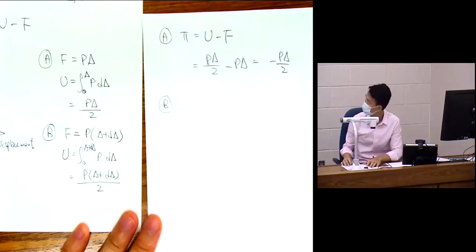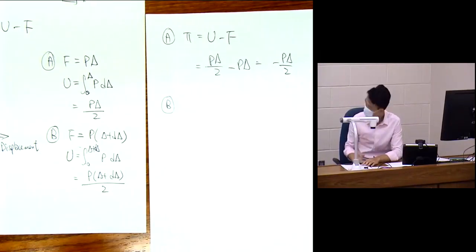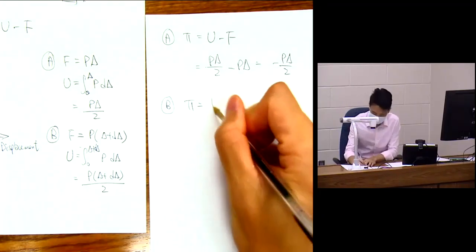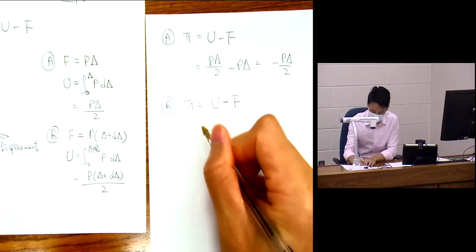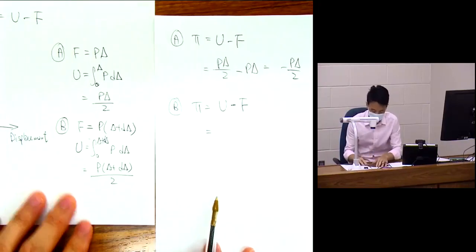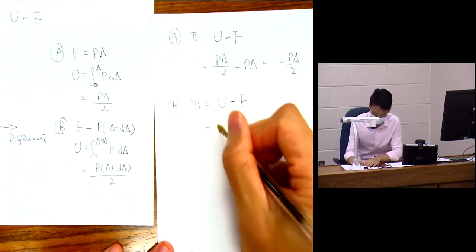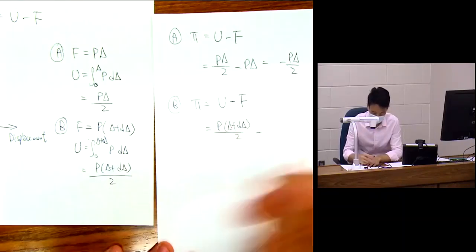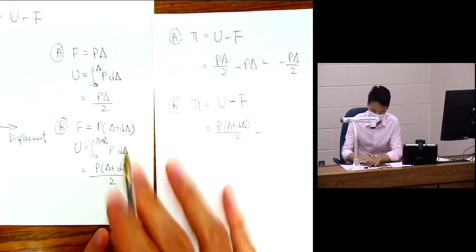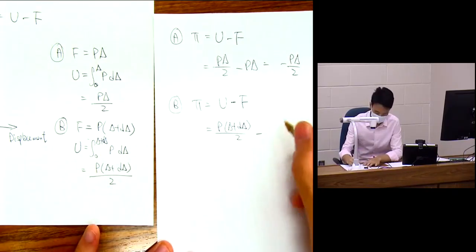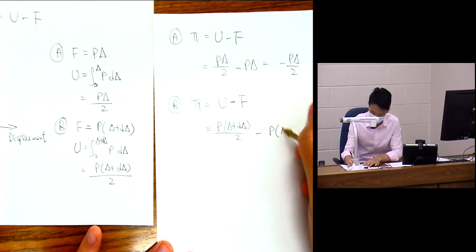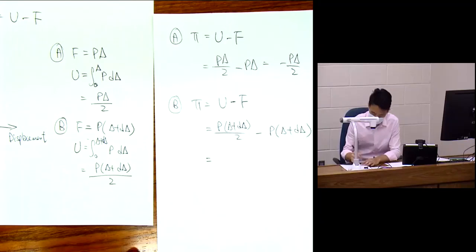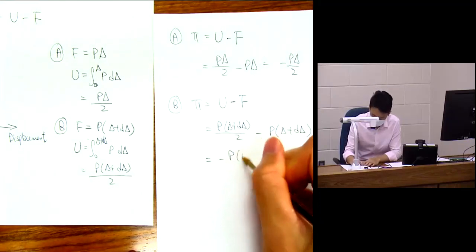And for B, same here. I have U as P times delta plus d delta over 2, minus F. F for configuration B, the one with the larger crack, is P times delta plus d delta. Again, the same, right? So it's simply just this.